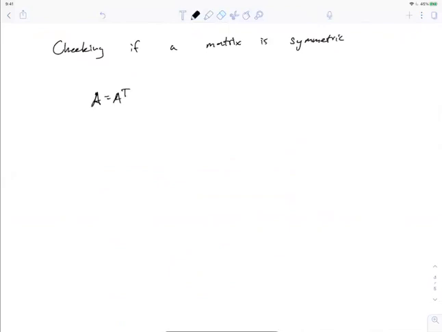So let's suppose we take any matrix B. Is B plus B transpose symmetric for any square matrix B? That's important here.